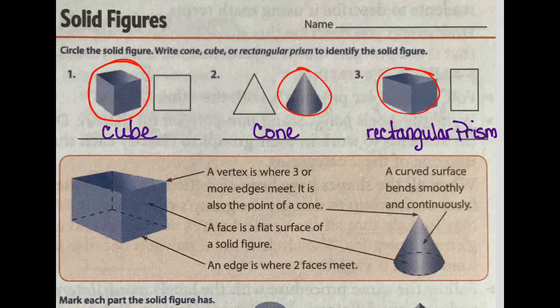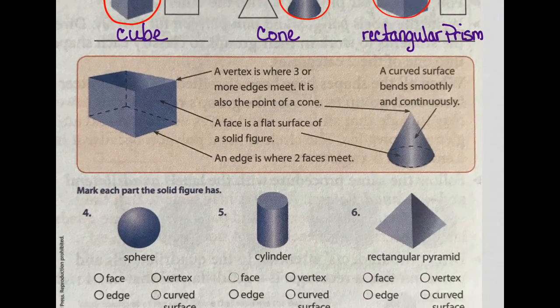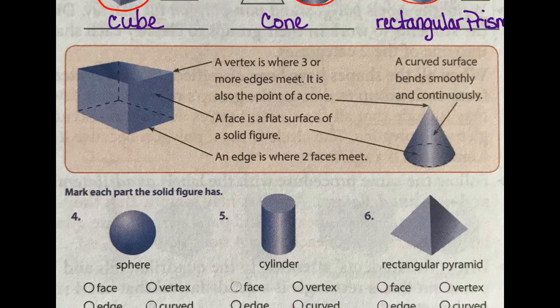All right, now whenever you have 3D figures, they still have vertexes, sides, edges. Okay. So we want to look in this peach box right now. A vertex is where 3 or more edges meet. So basically those are the corners.